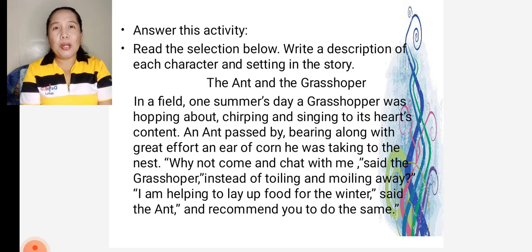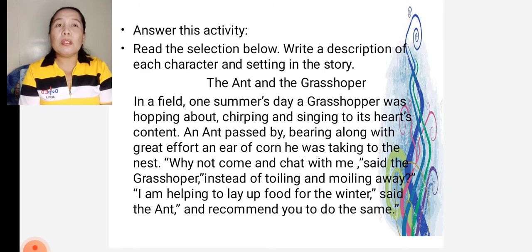So, since our lesson for today focuses only on the characters and the setting, you have to answer this activity now in your notebook or in a whole sheet of paper. You have to read the selection below and write a description of each character and setting in the story.